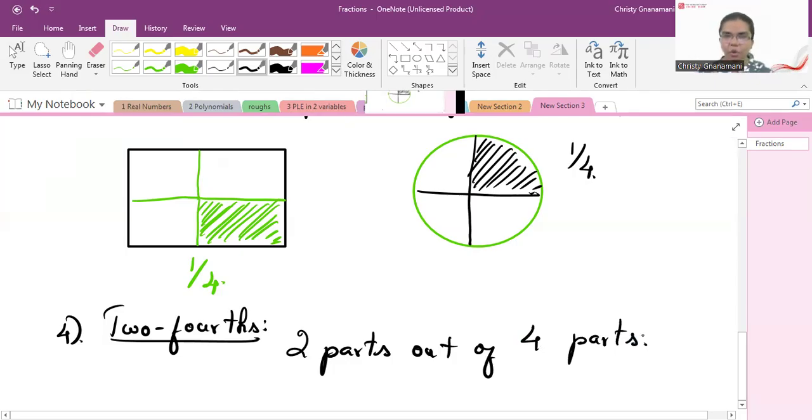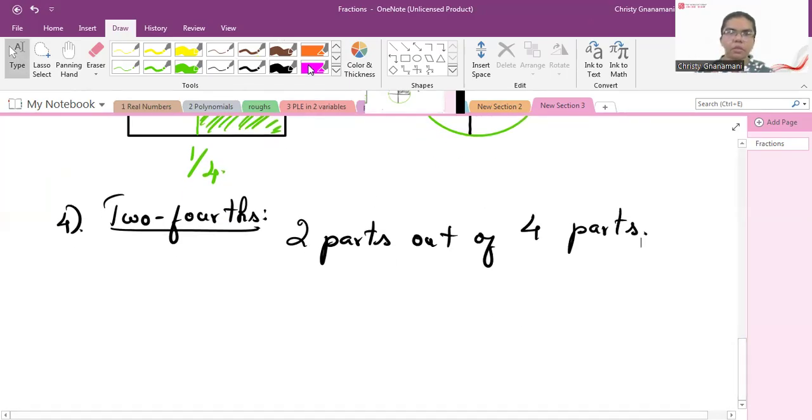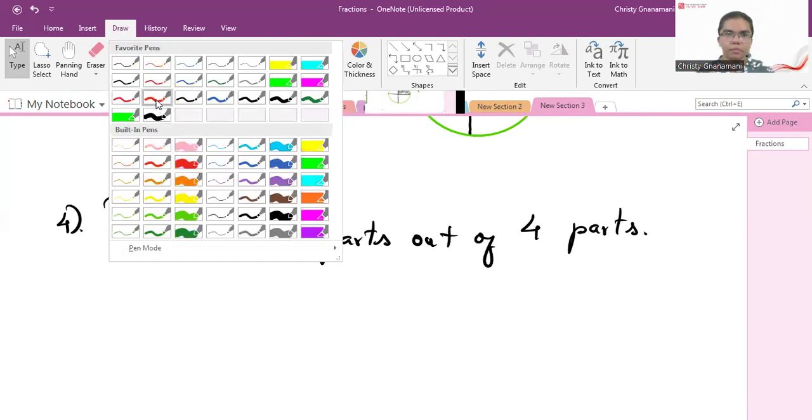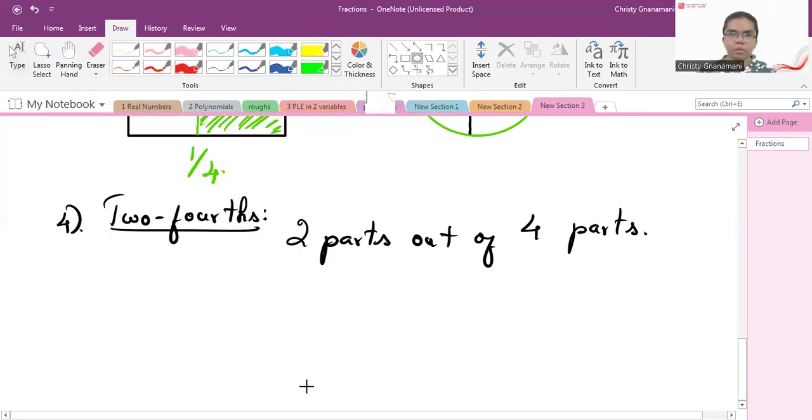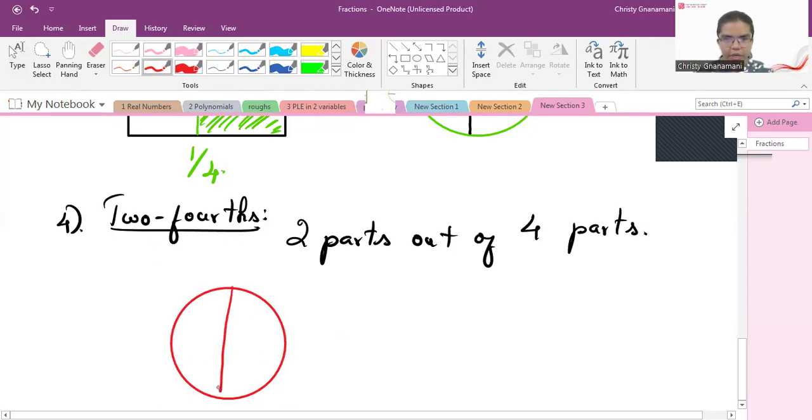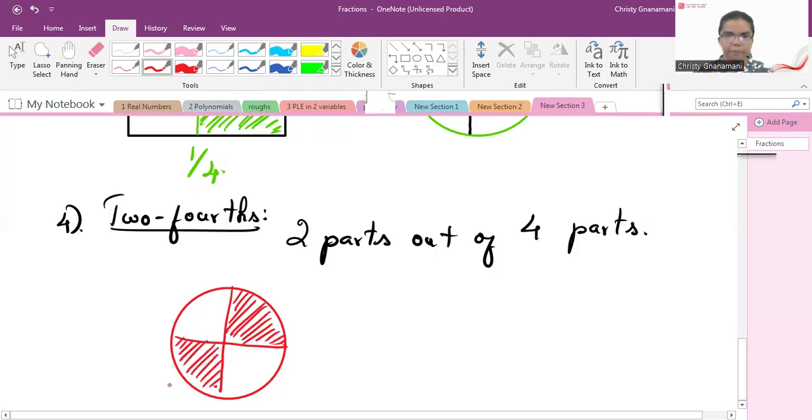So you can easily draw the figure. Let's draw a circle, and let's shade 2 parts. So this represents 2/4.